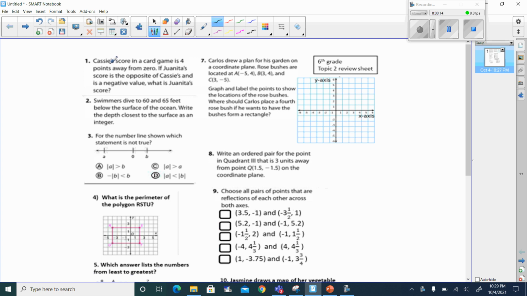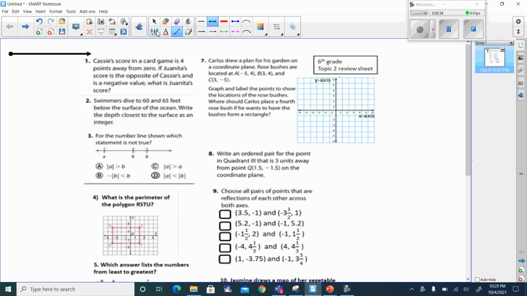Her score is 4 points away from zero. If Juanita's score is the opposite of Casey's and is a negative value, what is Juanita's score? Well, if we had a number line, it'd be very easy to see.